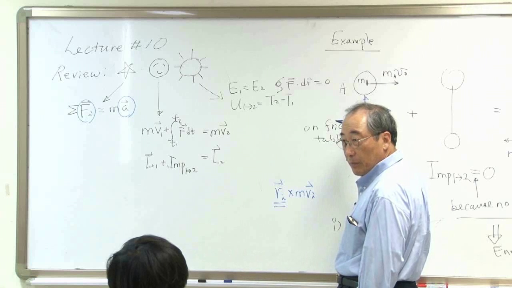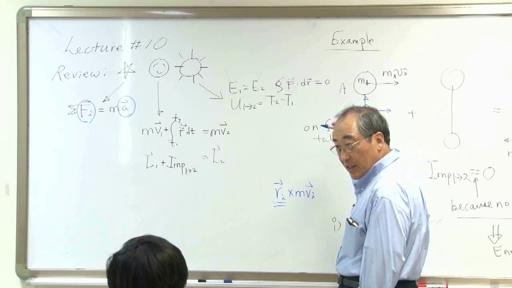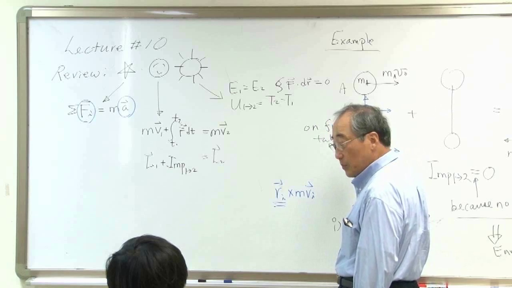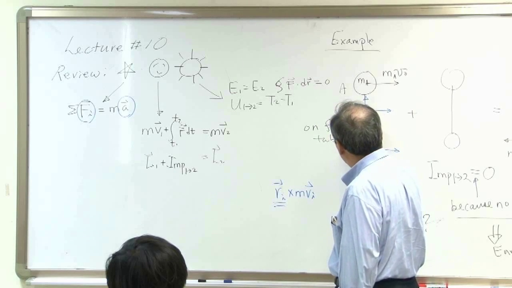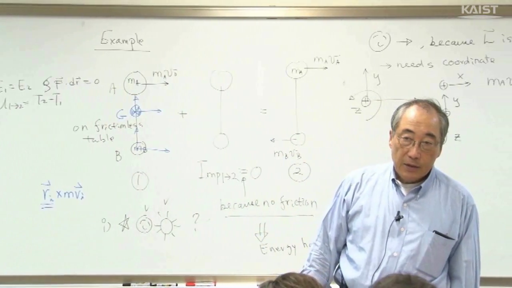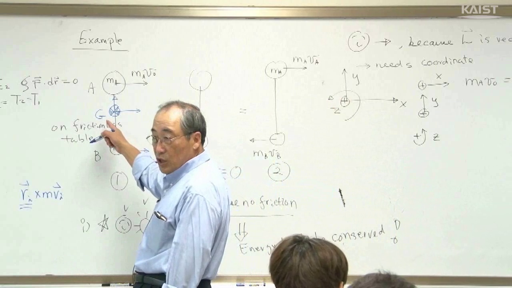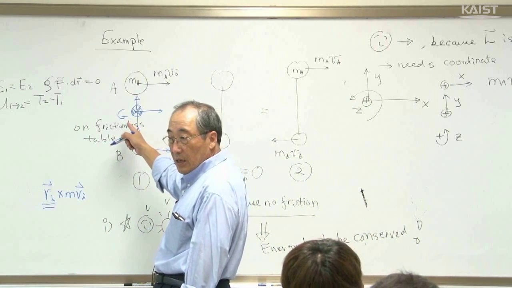I would say mass center rather than weight center. Okay, mass center would be appropriate. I prefer to use the symbol G to represent the center of mass, and we do not know G, right? Where is it?